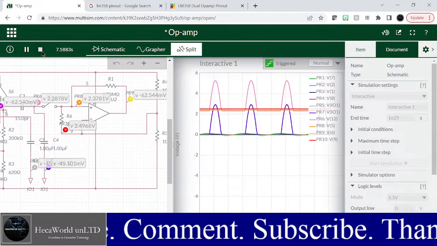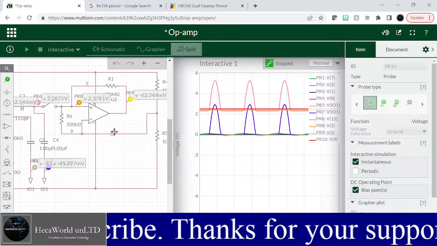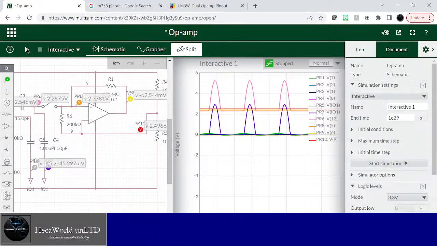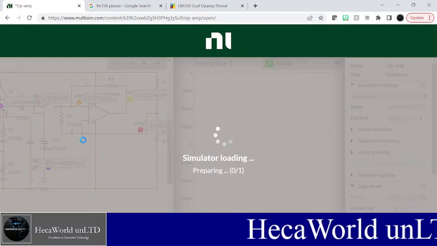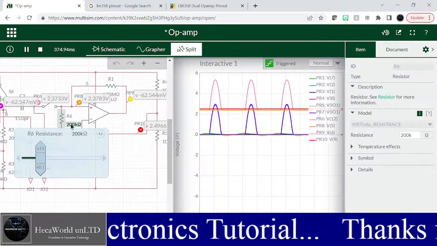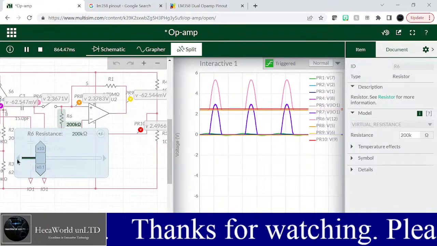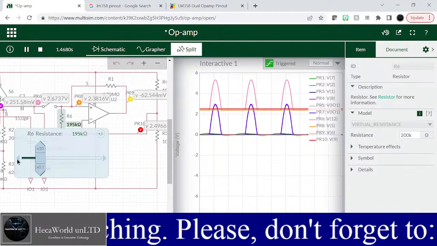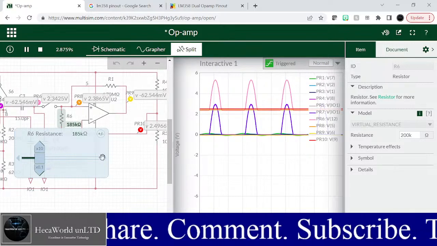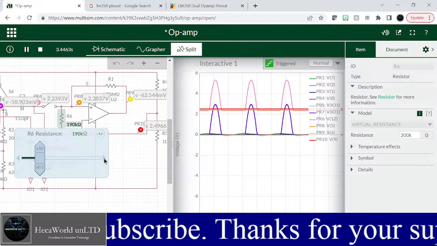I'm going to move the probe away so I can see the value of the resistor. They're basically the same, even though they're not on the same spot, but the same line. All right, so let me play around with the value of this resistor. I'm going to try to reduce it and see if the voltage will balance out. So let me increase the value.